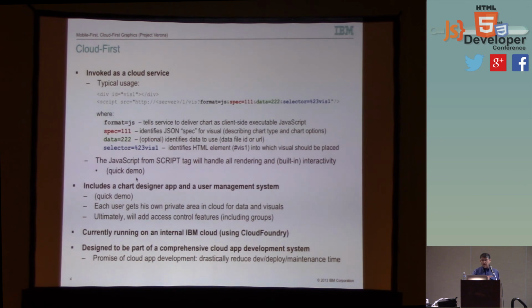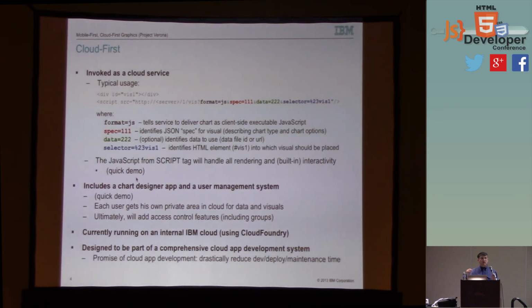This is currently running internally on an IBM cloud. So I'm running localhost right now, but it's available to IBM people running on our local cloud behind the firewall. And this is part of a general IBM effort to enable people to do application development totally on the cloud. There's this project, Eclipse Orion. It's somewhat of a competitor with Adobe Brackets that IBM is doing.